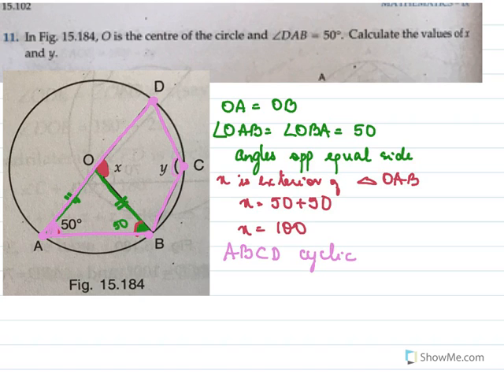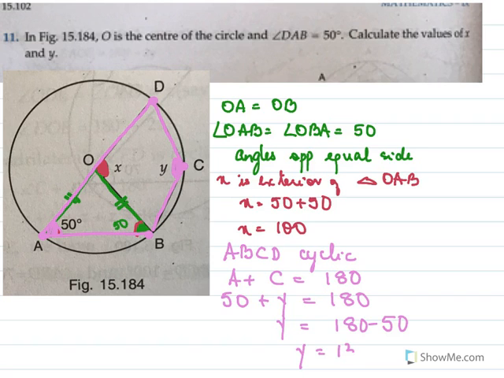Angle A and this angle C are opposite angles. So A plus C equals 180. A was given as 50, C is given as Y, so Y is 180 minus 50 and Y will be 130. So we got Y as 130. Here we got X is 100, which is equal to 50 plus 50.